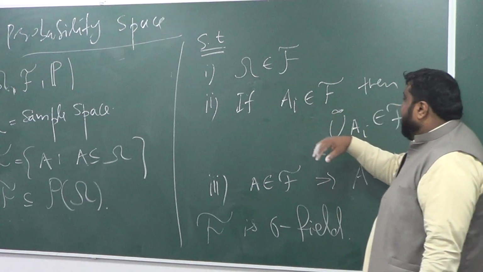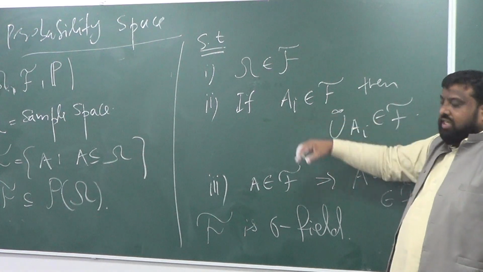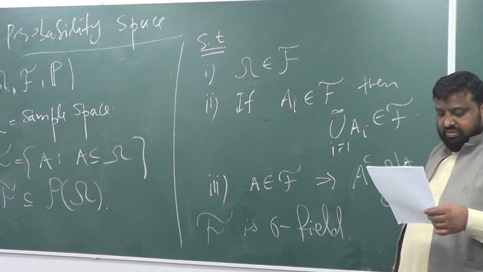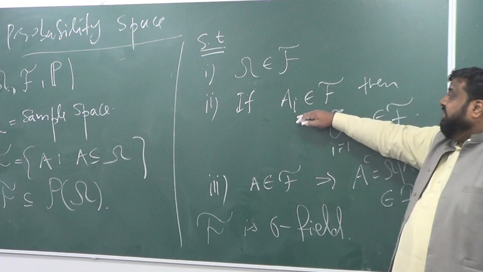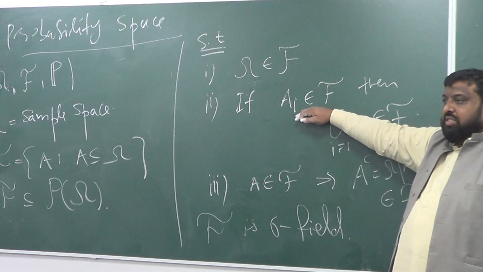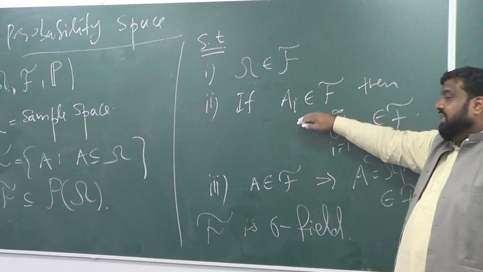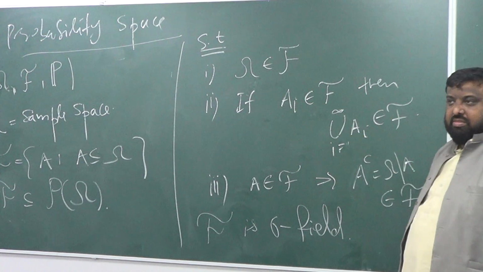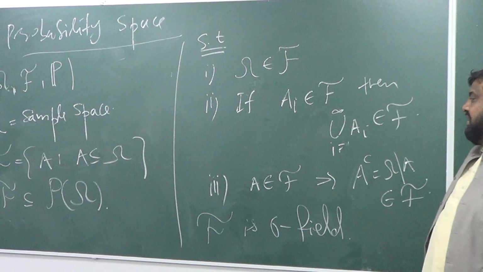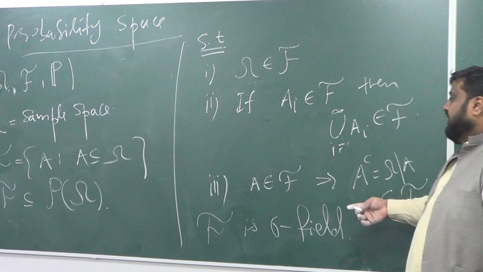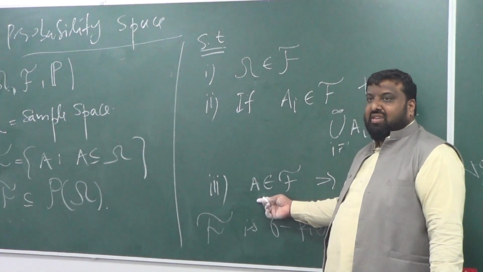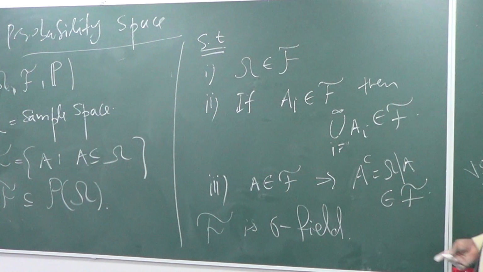And if you are breaking down something into disjoint pieces, closed under countable union: if we have a countable number of measurable pieces and you combine them, the resulting thing is still measurable. And similarly, if the happening of something is measurable, then the not happening of something should also be measurable. Anyway, something pretty simple.